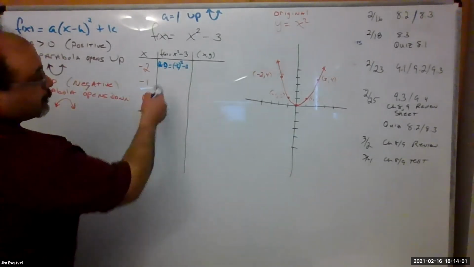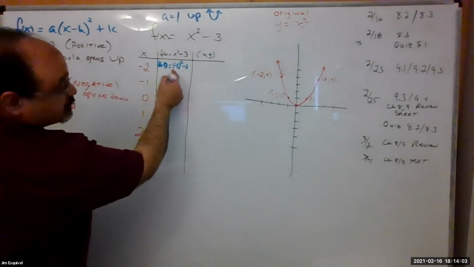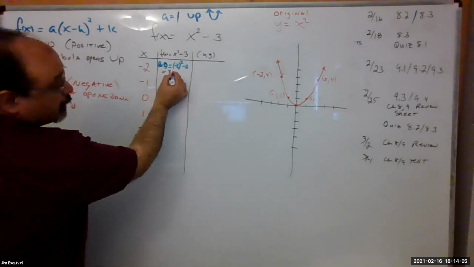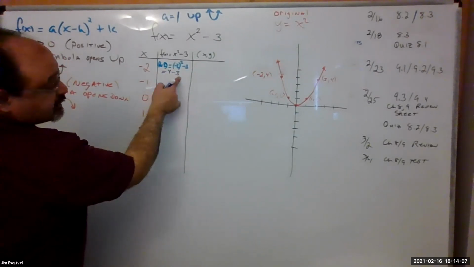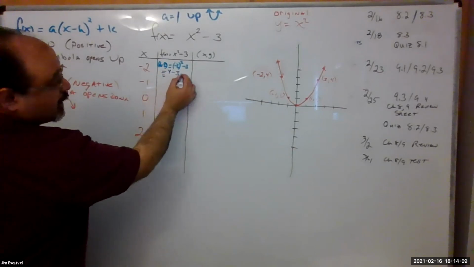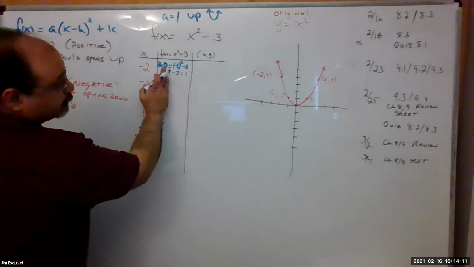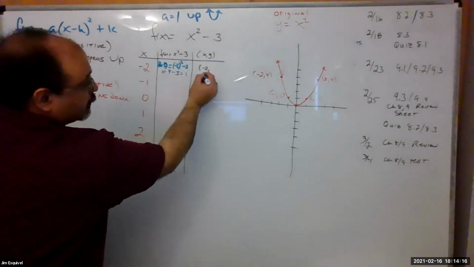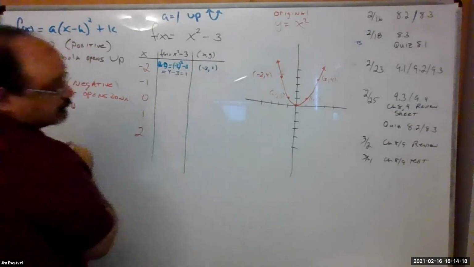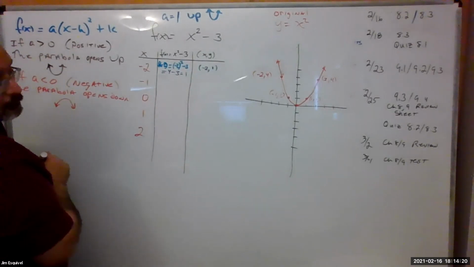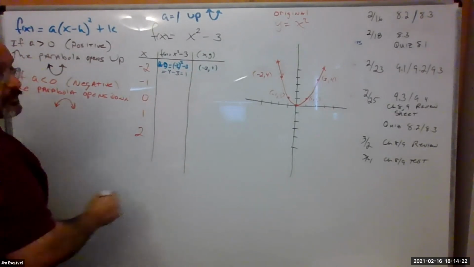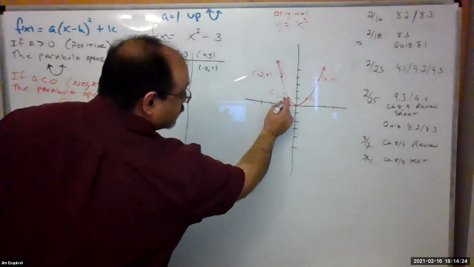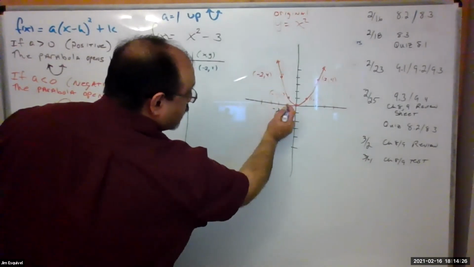So we get (-2)² is +4, -3, and +4 - 3 is +1. So now when you plug in -2, we get +1.